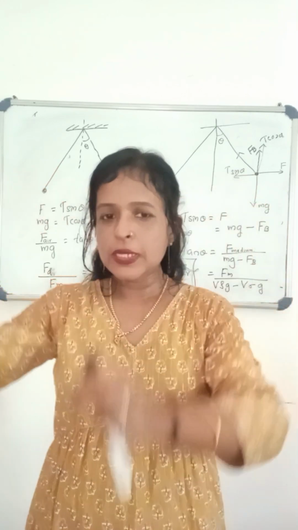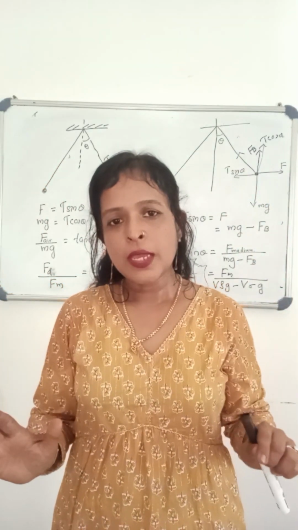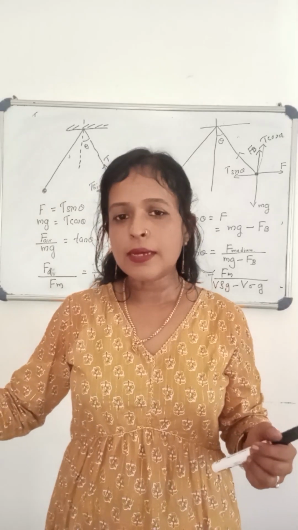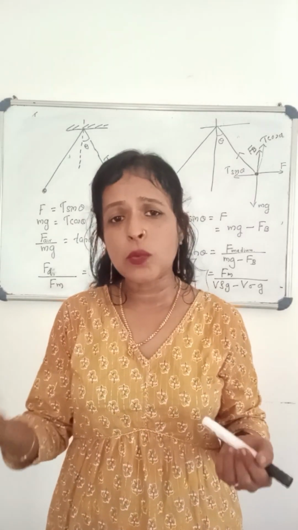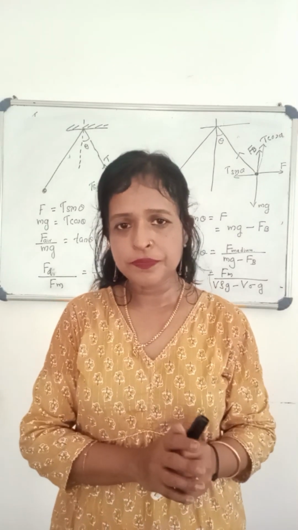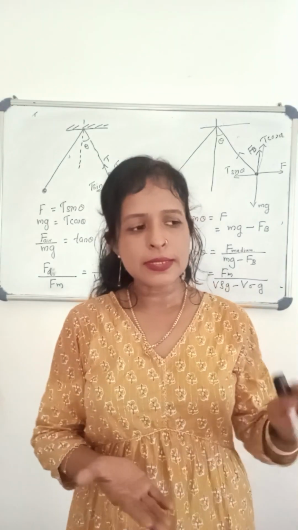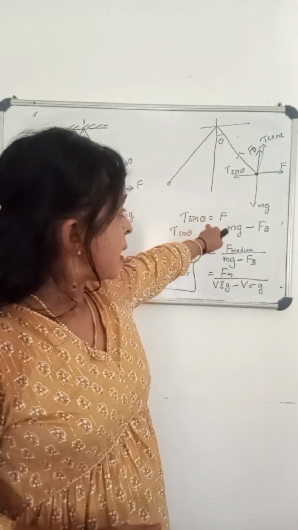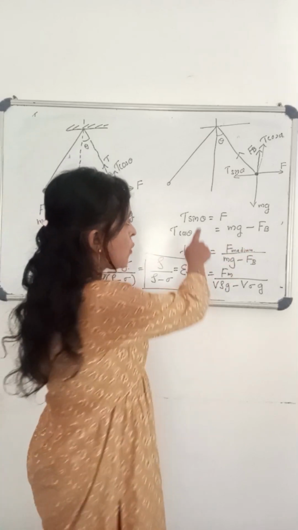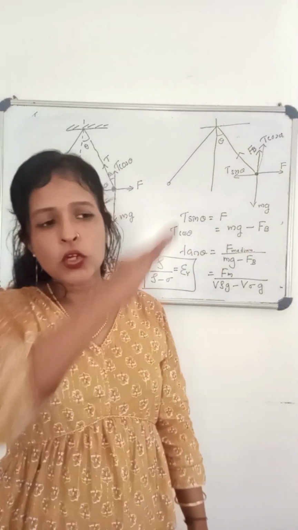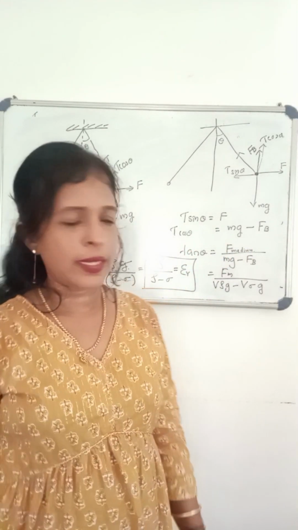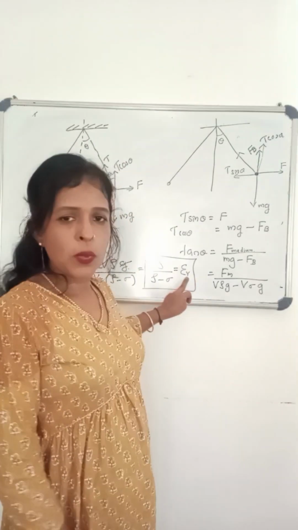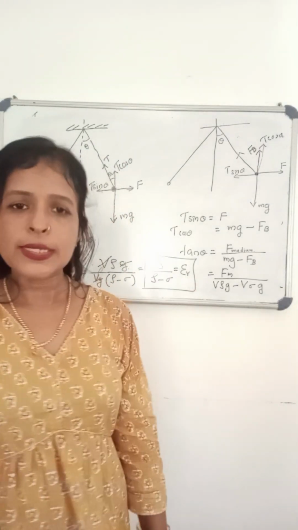And the same arrangement kept immersed in a liquid makes the same angle 60 degrees, and the density of the liquid is 0.5. The angle 60 means half is 30 degrees, and T sin 30 equals F. Instead of theta you need to substitute half of the angle, 30, but no need to find all this. By having this equation, you can solve it easily.